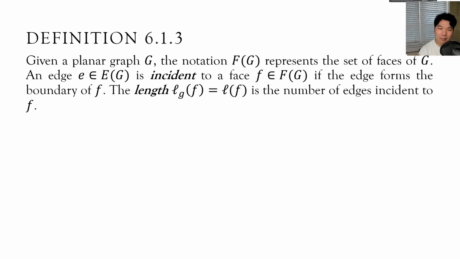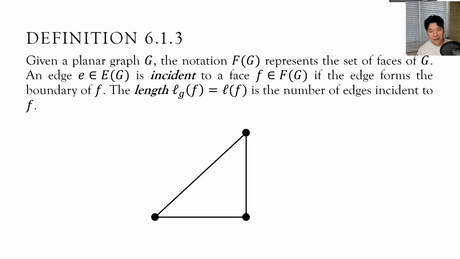So let's say an edge is incident to a face F if that edge is part of the boundary of F. And then the length of my face, here this should be a capital G, that's a typo on my end. That should be L_G of F, or just L of F, is the number of edges incident to F. So let's say I have this graph right here, and I consider this internal face, the inner face that's being enclosed by these edges.